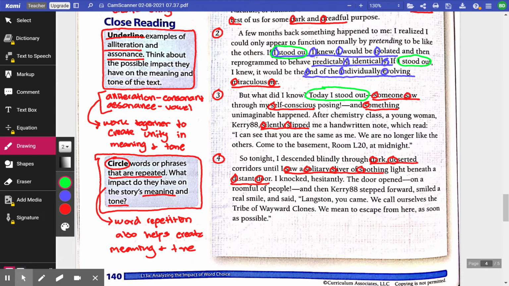So the setting of our story. If you remember anything about science fiction from your source book notes, you know that typically they're set sometime in the future in an area that we're not totally familiar with. So I'm going to go out on a limb and assume that based on what I know about science fiction, this text, Tribe of the Wayward Clones, is also set sometime in the future, right?